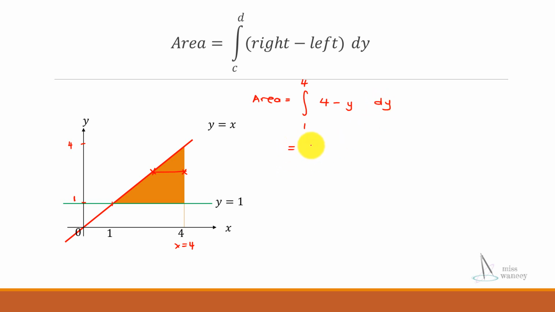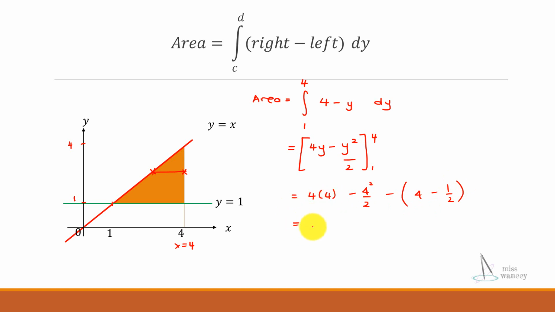So now integrate, so we got 4y minus y squared over 2. Substitute the upper and the lower. So 4 multiplied with 4 minus 4 squared over 2, minus 4 multiplied with 1 minus 1 over 2.